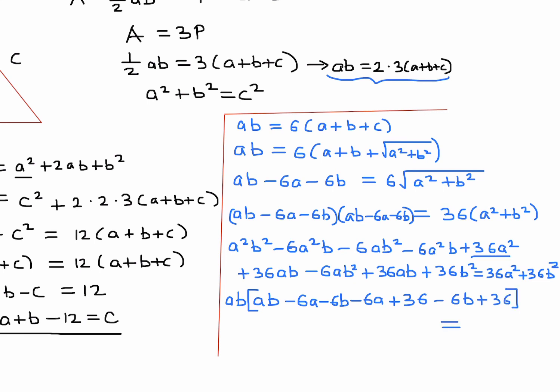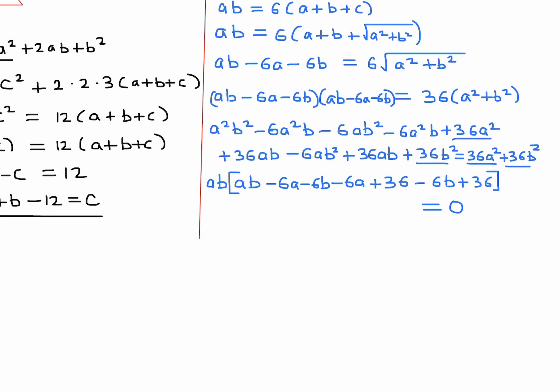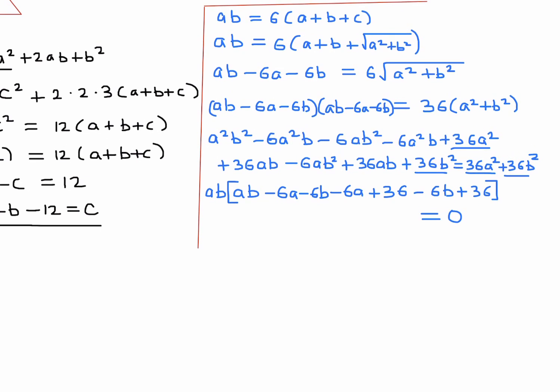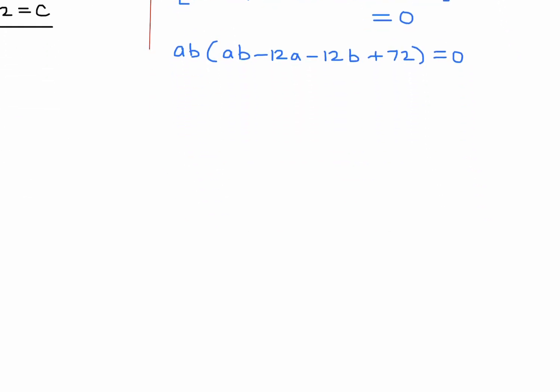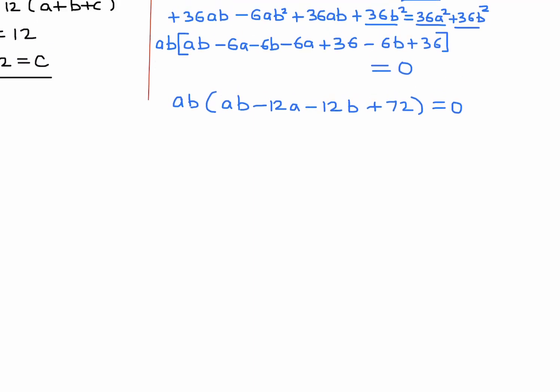And the good news was that this 36A canceled with that, and this 36B canceled with that, so we're left with a 0 here. Okay, so far so good. No tricks so far. Now let's collect like terms, and we do that, and we get AB, and we get AB in here, minus 12A, minus 12B, plus 72. Okay, so far, this is where we have reached.